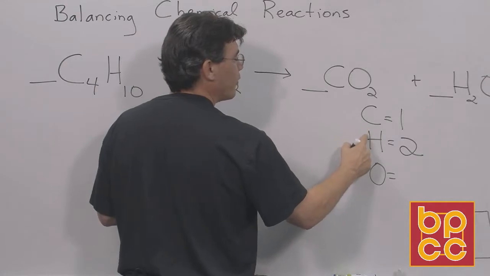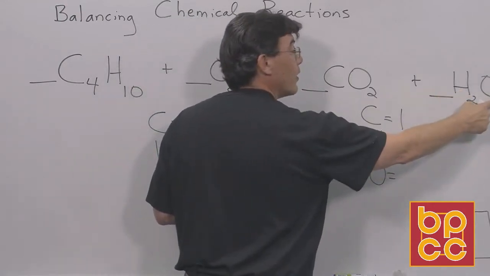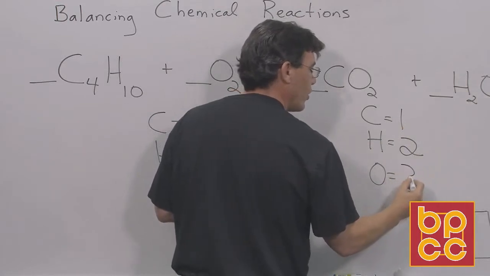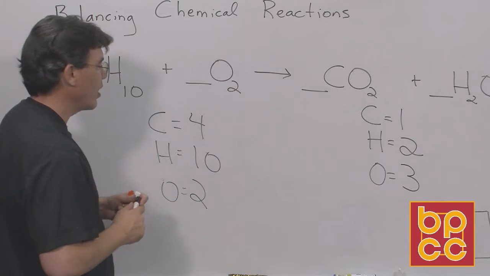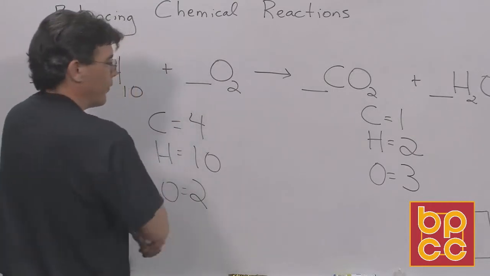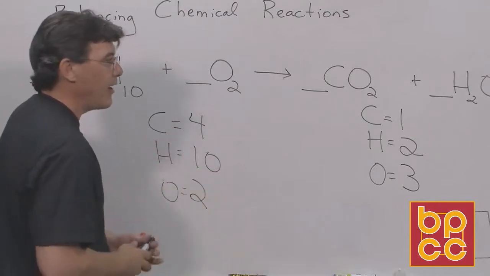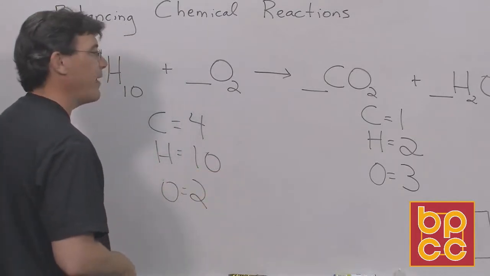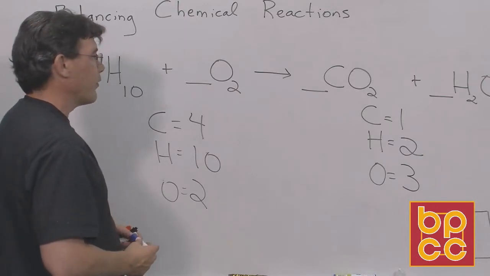And be careful with oxygen. Here we have 2 oxygen atoms, plus a 3rd on the water molecule, so we actually have a total of 3. Oxygen shows up everywhere, so be careful with that. So we can see that none of the elements are balanced. All it takes is one to be out of balance in order for us to have to balance this reaction, any reaction. But we've got some work to do, it looks like.